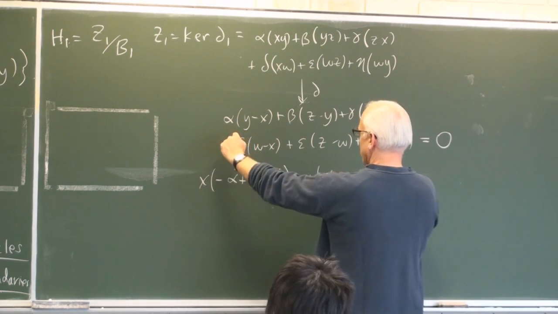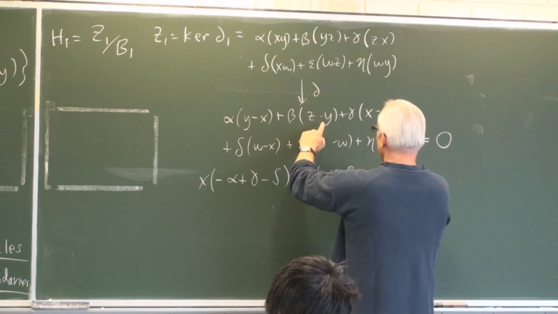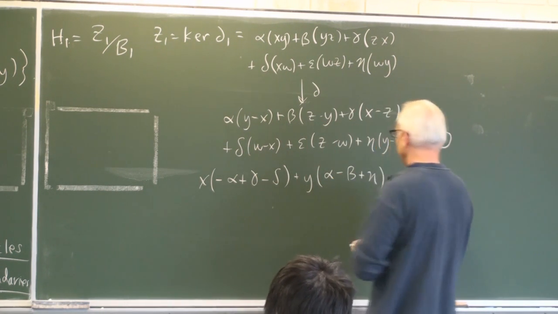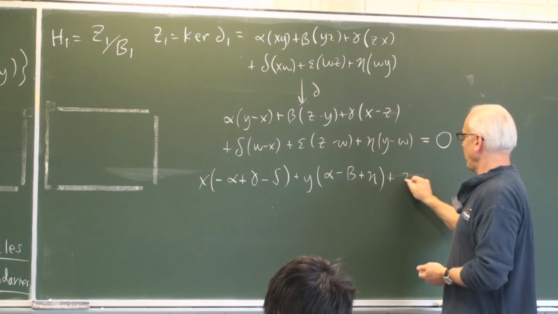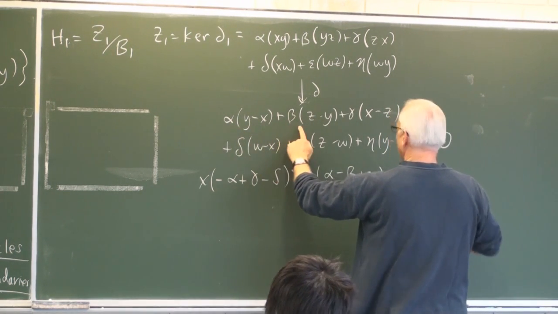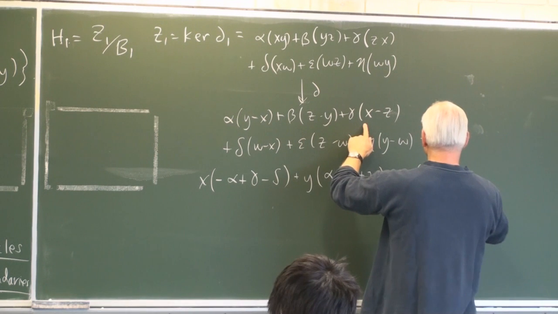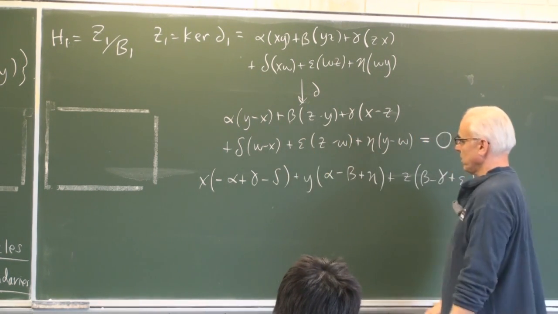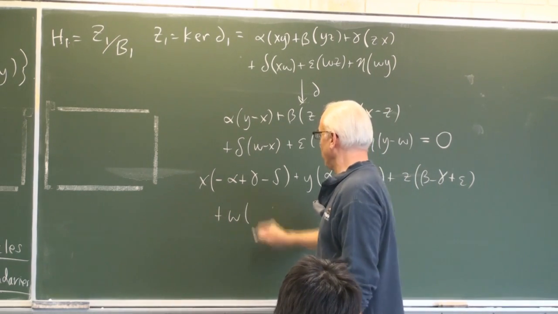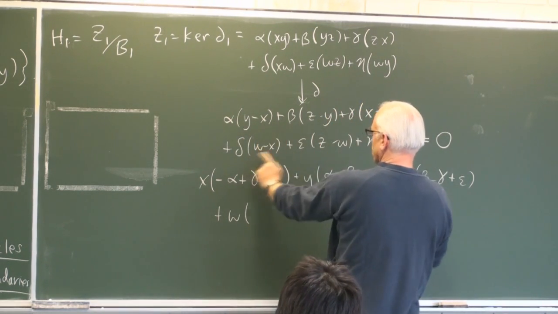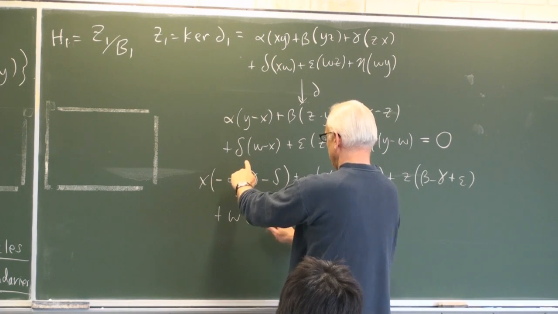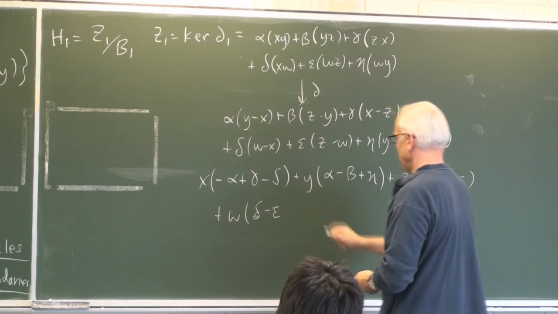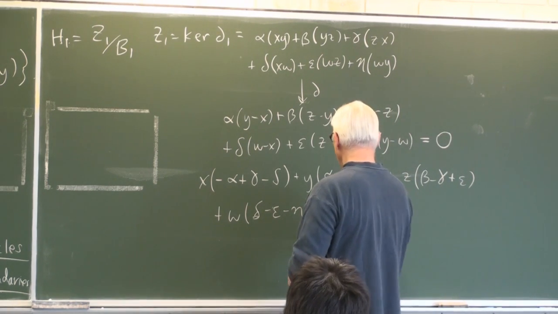There's an alpha, a minus beta, and a plus eta. Coefficient of z: a beta, a minus gamma, and an epsilon. And finally, the coefficient of w: a delta, minus epsilon, minus eta. All of that is supposed to be 0.